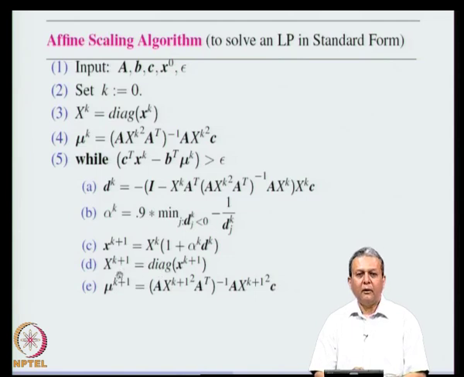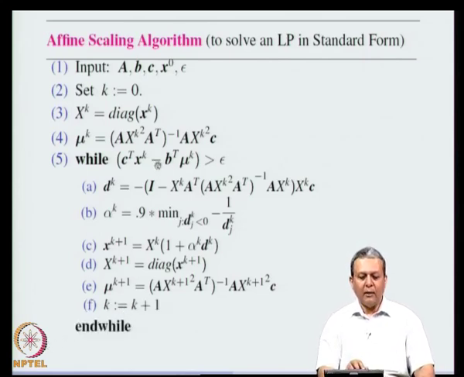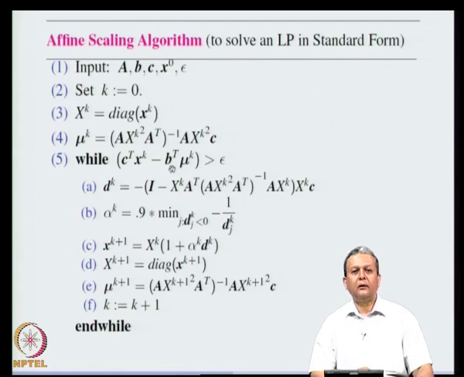And then we get ready for the next iteration. So, the matrix Xk plus 1 is set to this quantity, and mu k plus 1 is found, because that will be used to check the stopping condition. The iteration counter is incremented by 1, and then we go back and check whether the stopping condition is satisfied.